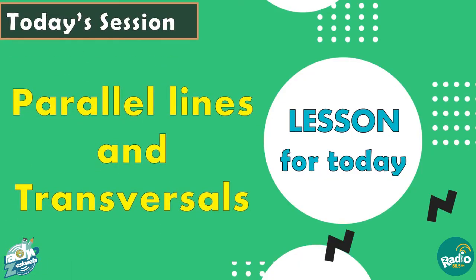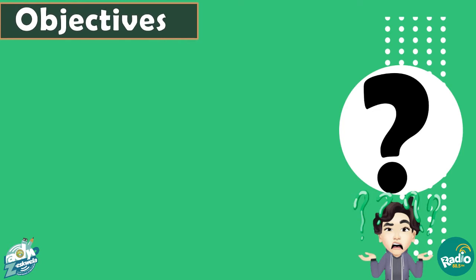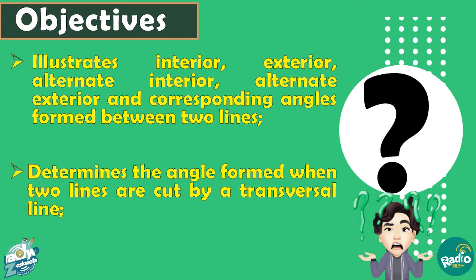Our lesson for today is parallel lines and transversals. At the end of the session, you are expected to illustrate interior, exterior, alternate interior, alternate exterior, and corresponding angles formed between two lines.